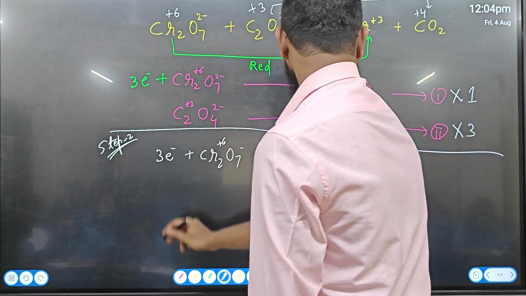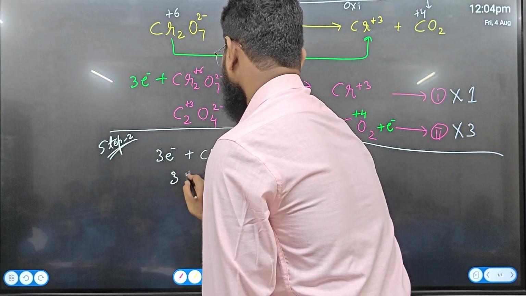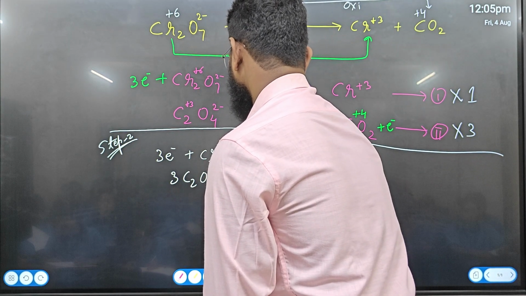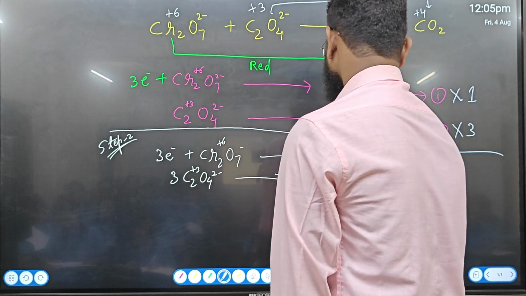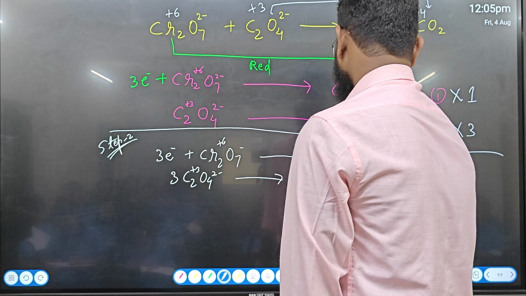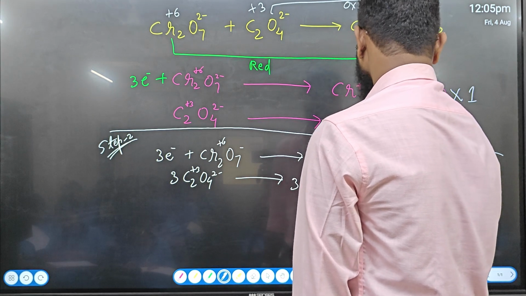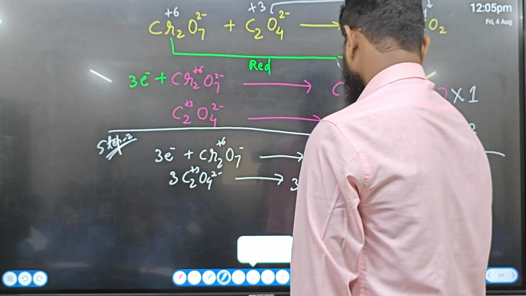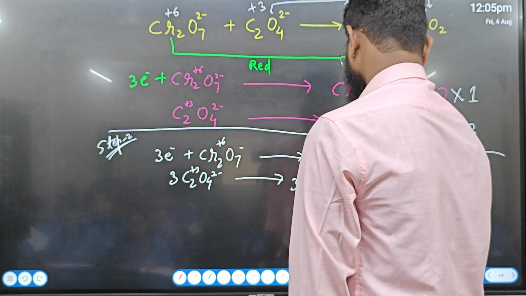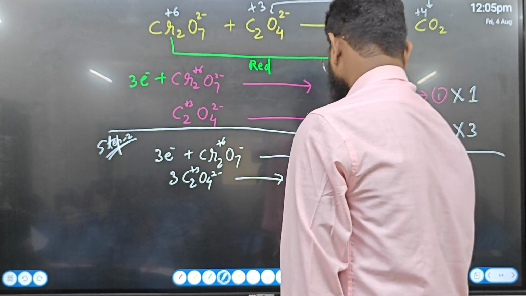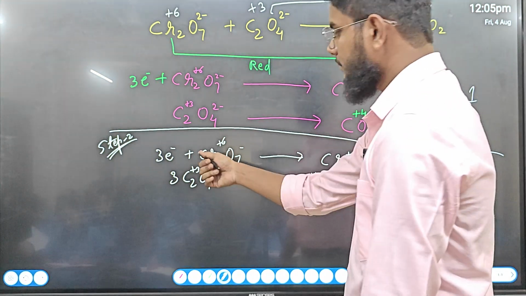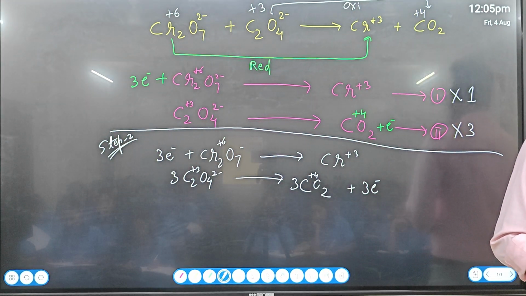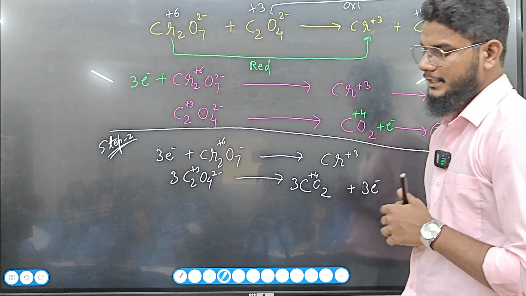Same to same here: 3 C2O4 2 minus going to 6 CO2 plus 6 electrons, right? This is after multiplying the reaction. So now the charge is balanced.